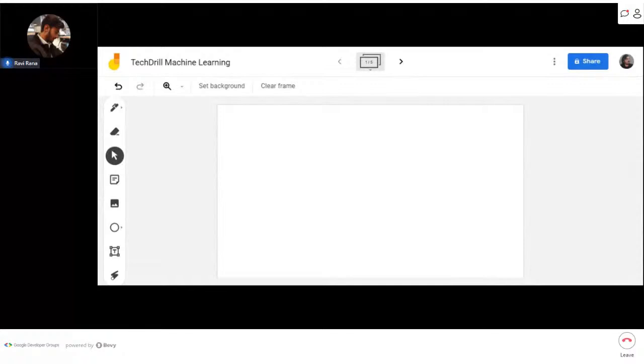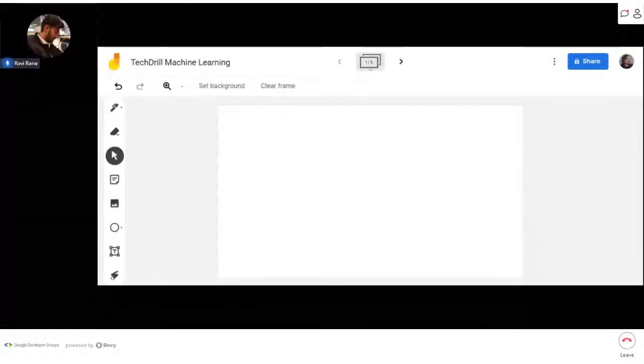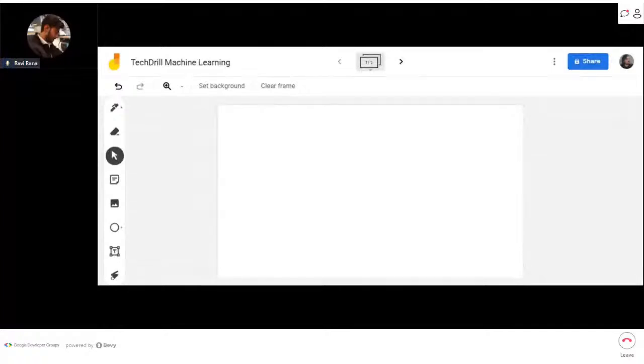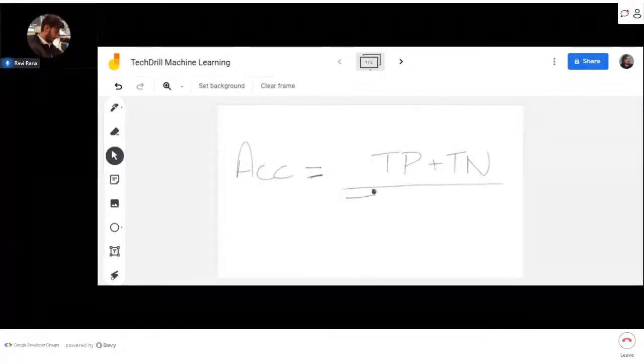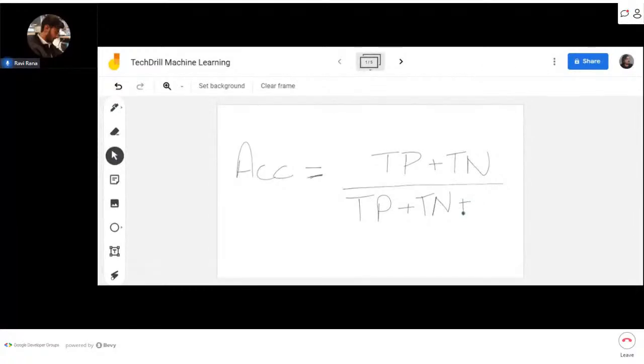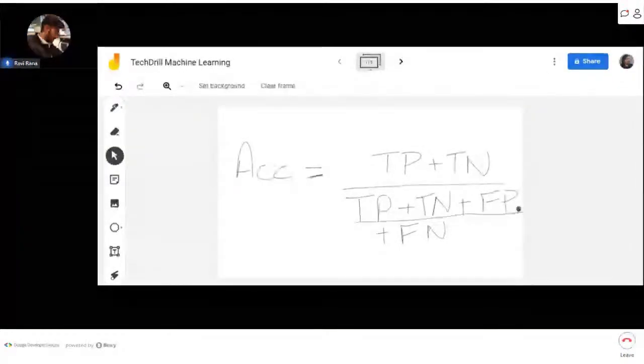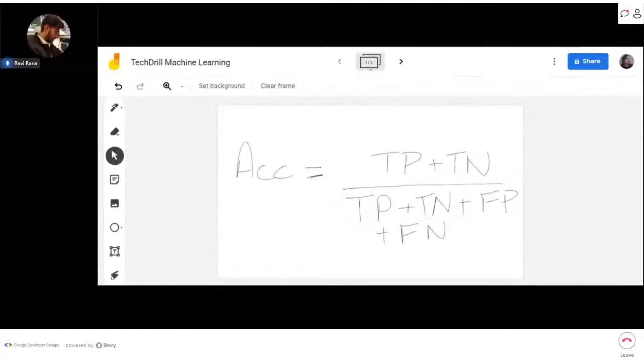So now what is accuracy and how is it calculated? Accuracy, which we define as ACC, is all the true positives and true negatives divided by the sum of all these values: all the true positives, true negatives, plus false positives and false negatives. So I will be making it all values.